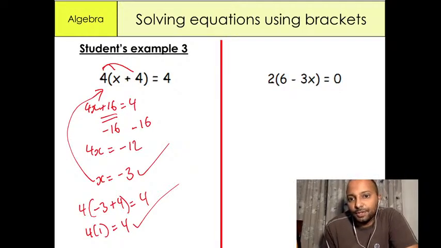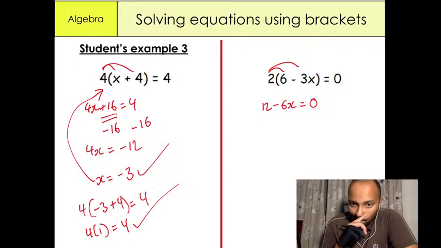Again, so 2(6 - 3x) = 0. First thing we do is expand the brackets. 2 times 6 is 12. And we have 2 times minus 3x, which is minus 6x, equals 0. Now I want to get rid of this 12. I want to make it 0.